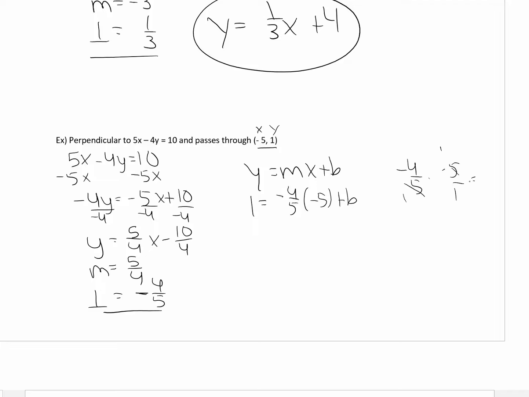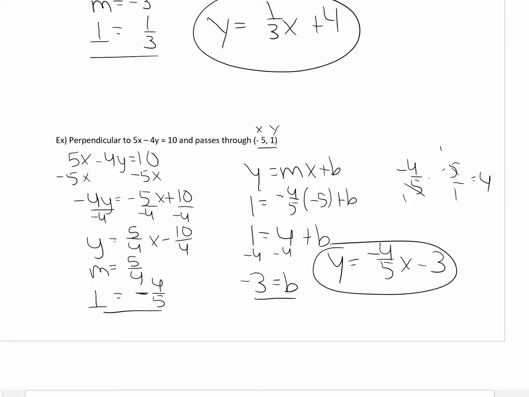The 5's divide out. That leaves me with a 4. Subtract the 4. Okay, so now I have the slope and the y-intercept. I now can write. And again, you would want to check to make sure this ordered pair makes this equation a true statement.